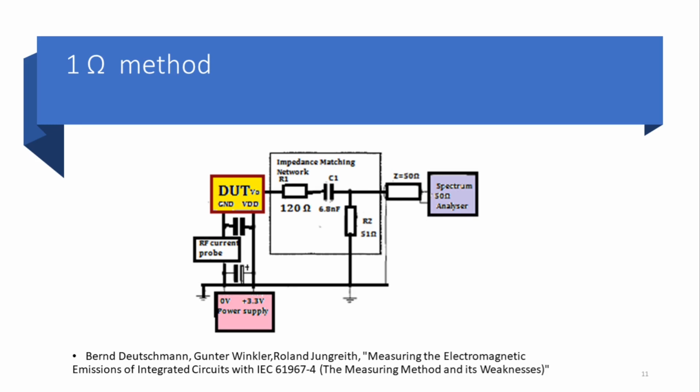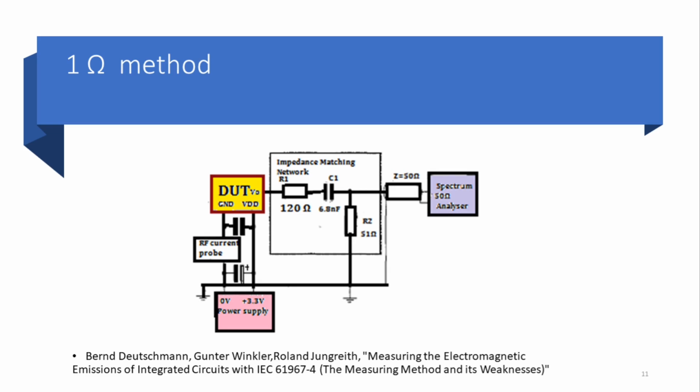The standard used is IEC 61967-1. It specifies general conditions and definitions of the test methods. With the 1 ohm method, the direct radio frequency current is measured by the use of a 1 ohm resistive probe. And with the 150 ohm method, the RF voltage is measured using a 150 ohm impedance matching network.